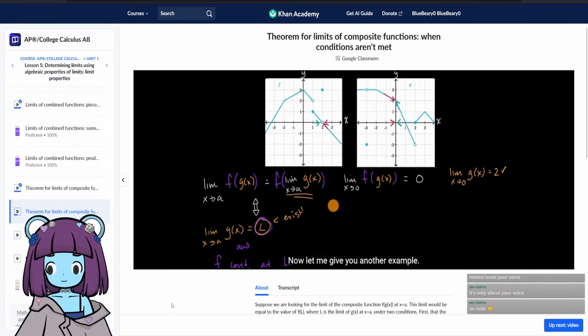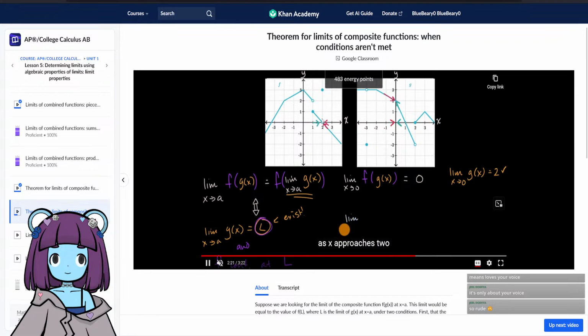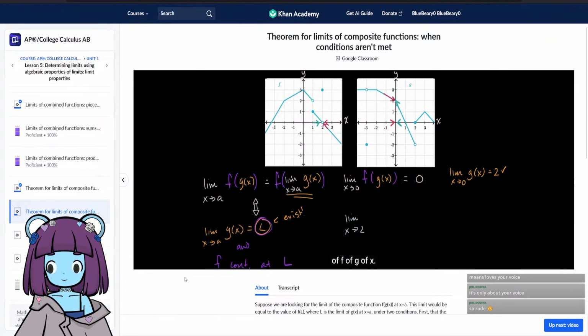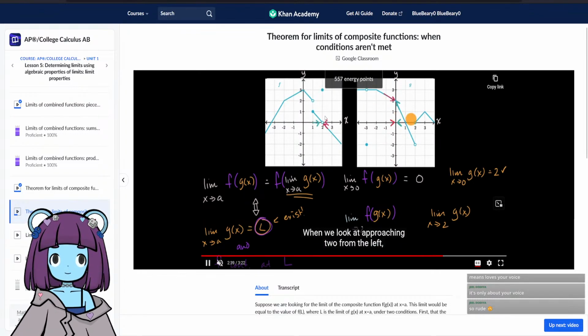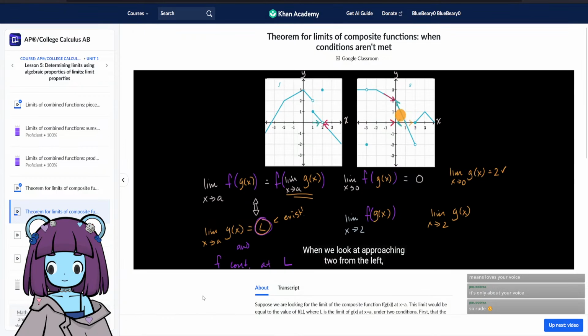No. Wait, I did it wrong. It's approaching 0. It equals 0 because of this. Interesting. It's negative 2 if approached from the left, and that's 0 from the right. That does not exist.